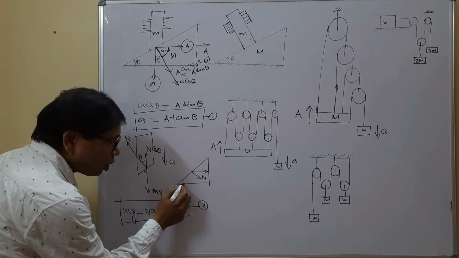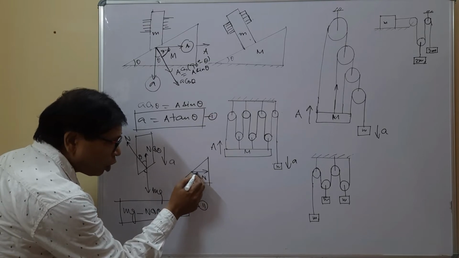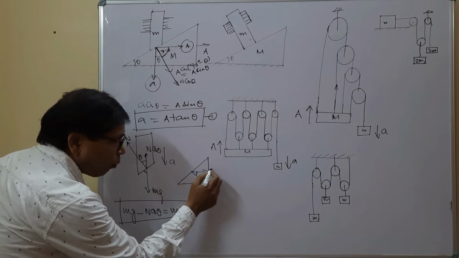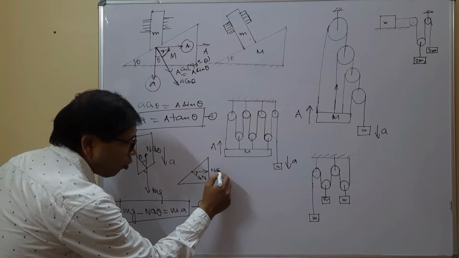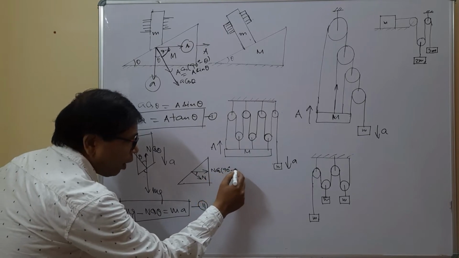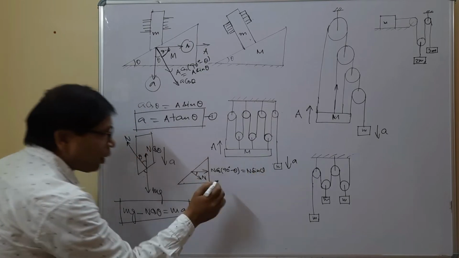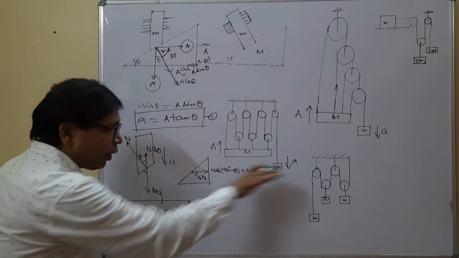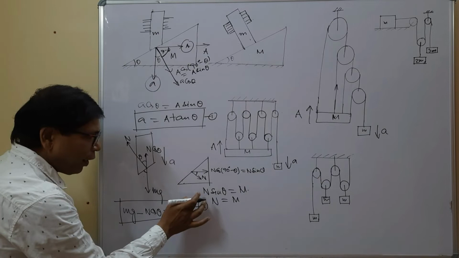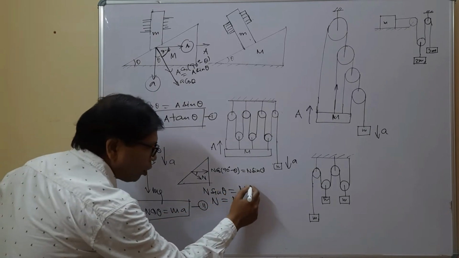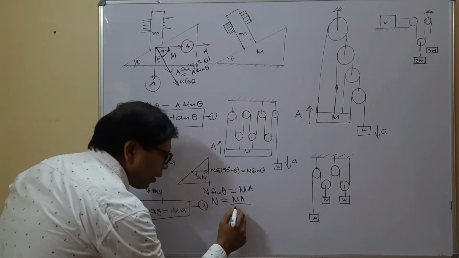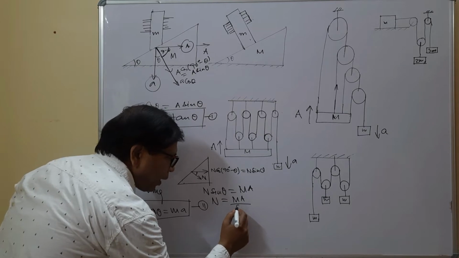Okay. This is theta. This also theta. So this is 90 minus theta. So the component of it is N cos(90 degrees minus theta). So this is N sin theta. Now N sin theta produces acceleration A along this direction. Okay, look at this, here N sin theta equals mass into acceleration. So here N equals MA by sin theta.